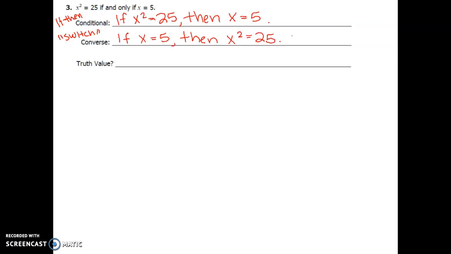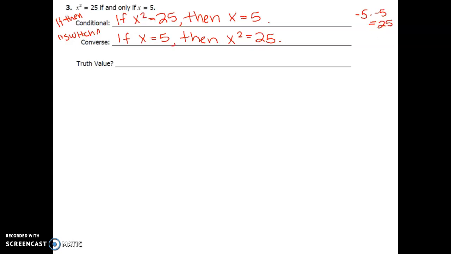Let's look at the truth value. So let's start with the conditional. If x squared is 25, then x is equal to 5. So it's saying the only way x squared is equal to 25 is 5. But we know something that this person doesn't. Remember we talked about in our distance formula how we couldn't do -3 squared in the calculator? The reason for that is because when we multiply two negatives, you get a positive.